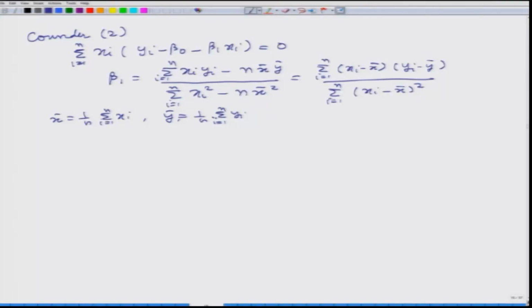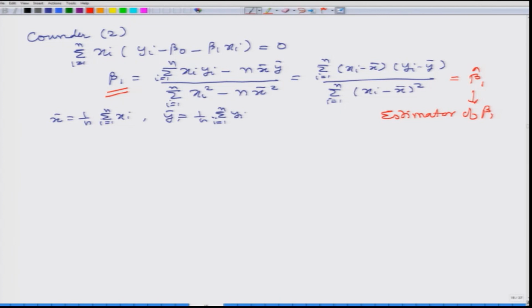But once I have the observations, I can find the value of beta 1. I take this as an estimator of beta 1.